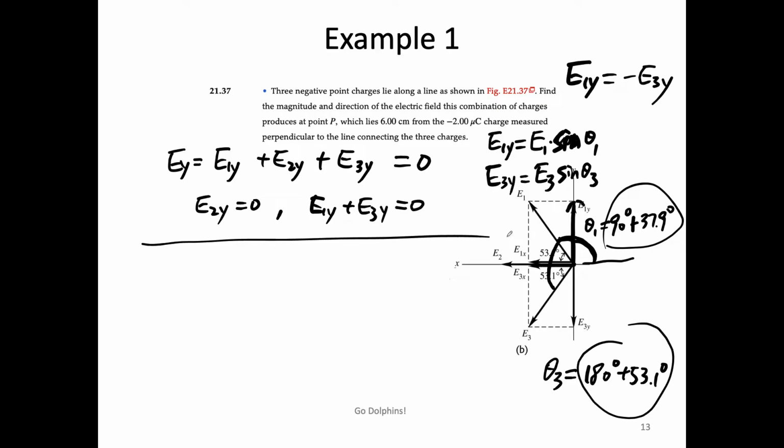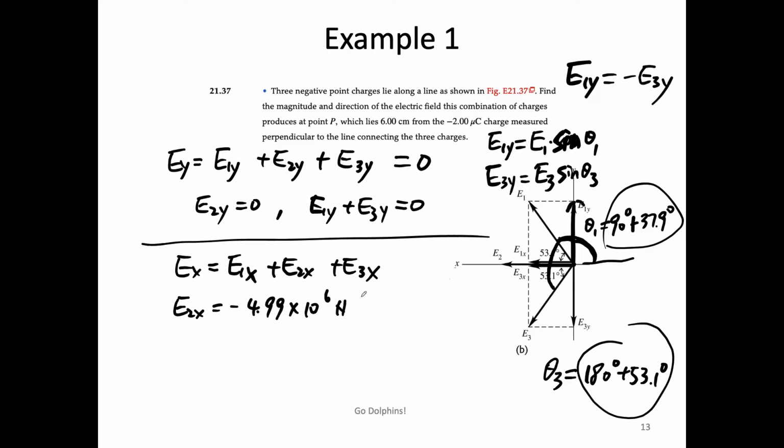Now in the x direction, Ex would be E1x plus E2x plus E3x. E2x is just whatever E2 is. E2x is negative 4.99 times 10 to the 6 Newton per coulomb.